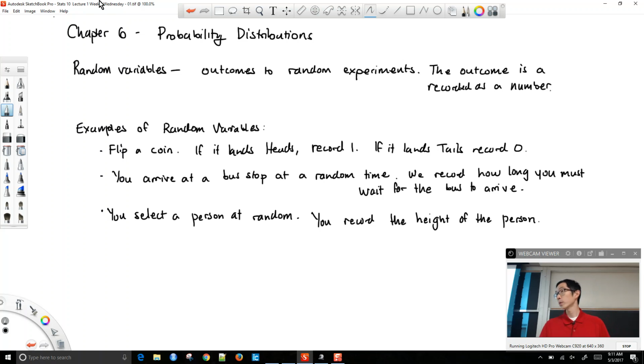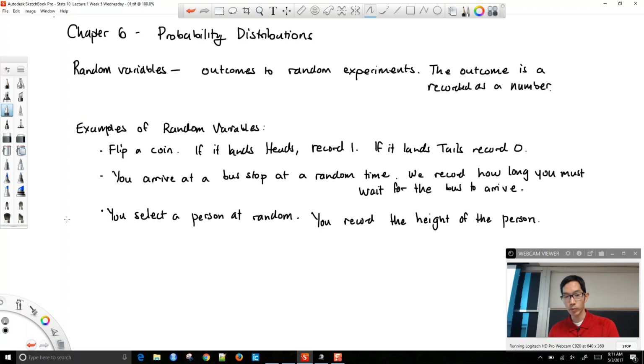And when we look at something like this, we might want to ask, what is the mean value that we might see? We might have questions about this. And in order to answer some of these questions, we will want to be able to represent the probability distribution of the random variable.